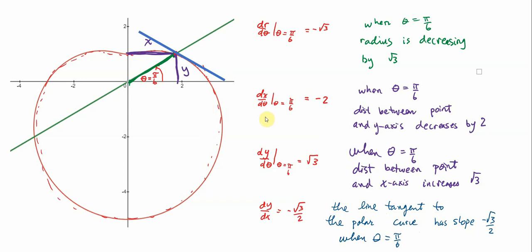So we've got four things that we're talking about: the change of the distance between the point and the origin; the change of the distance between the point and the y-axis, which is actually dx d theta; the change of the distance between the point and the x-axis, which is actually dy d theta; and dy dx, which is still the slope of the line that is tangent to the curve at this particular point.